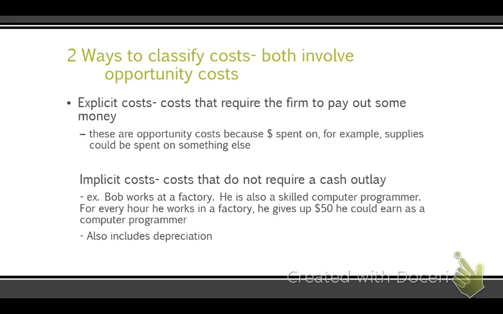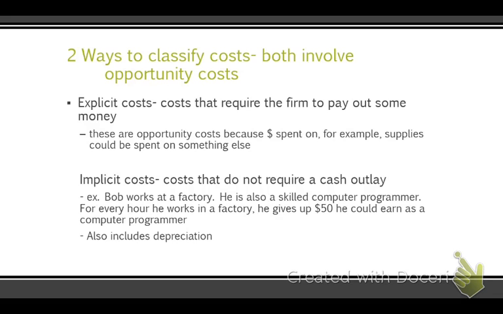Oh, and also make note, an implicit cost is depreciation. Okay, so when you start a pizza delivery business, and you're providing cars to your employees to deliver the pizzas, or maybe you have some kind of wholesale supply, and you're using trucks to supply the food, and you buy these trucks brand new.